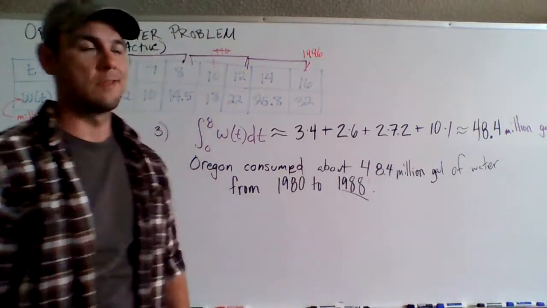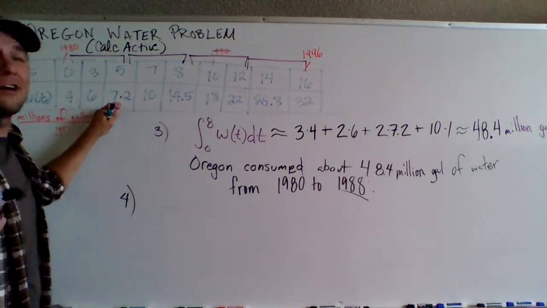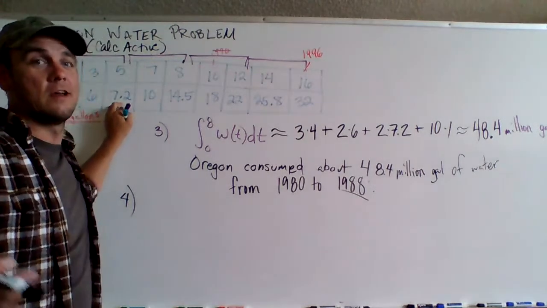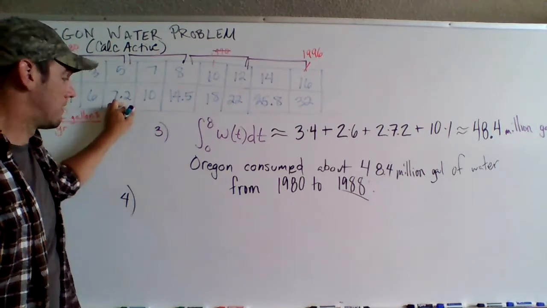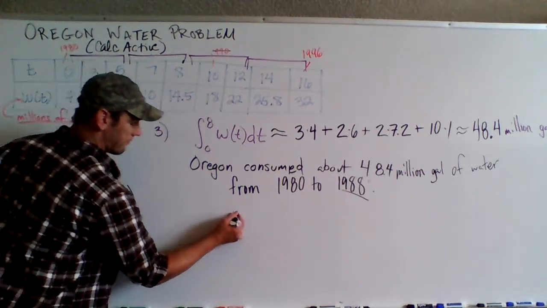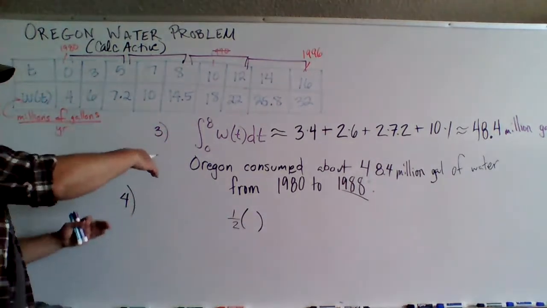Okay, next thing I'm looking at, so trapezoidal method. Let's just start with that. We understand we're going to have to make some kind of trapezoid with this information. So remember the area of a trapezoid is going to be 1/2 base 1 plus base 2 times our height. So I'm going to just say 1/2. Remember these trapezoids are turned sideways.